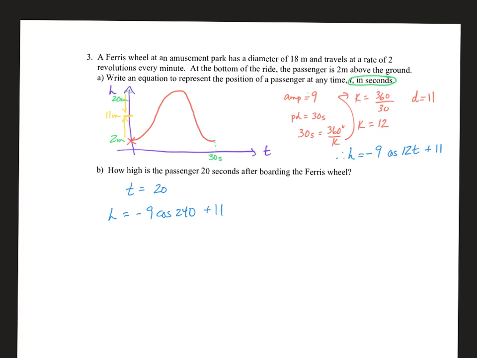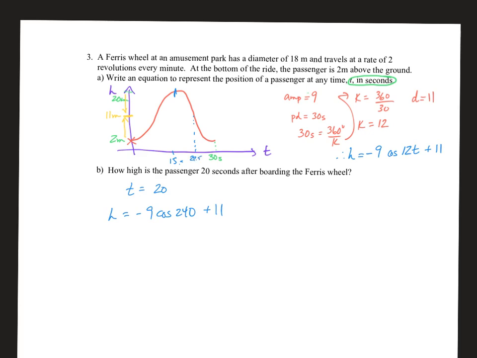Now, my estimation. If 30 seconds takes my full period, then I know that half of that has to be at 15 seconds. I know that a quarter of that, I'm just going to put that line down, would have to be 7.5 seconds on either direction. So 22.5 seconds.